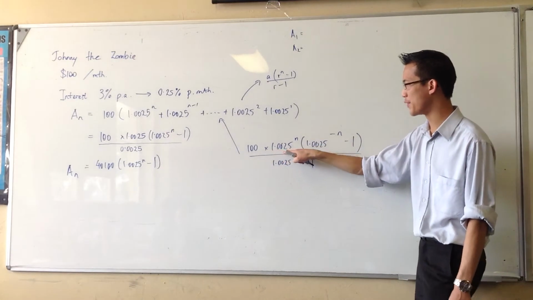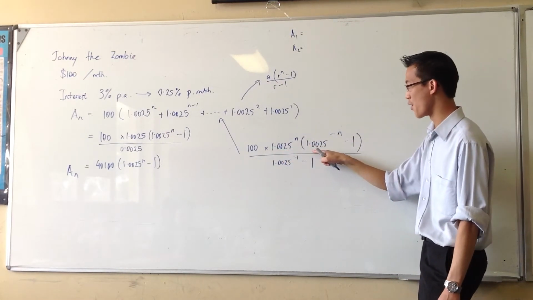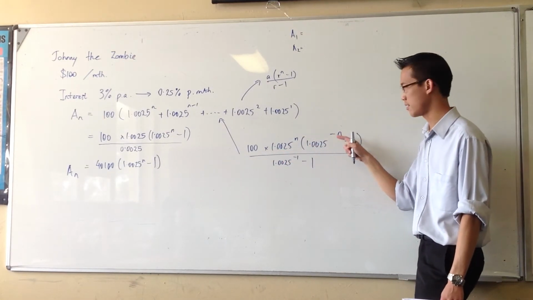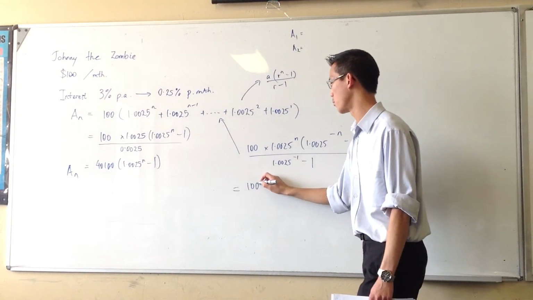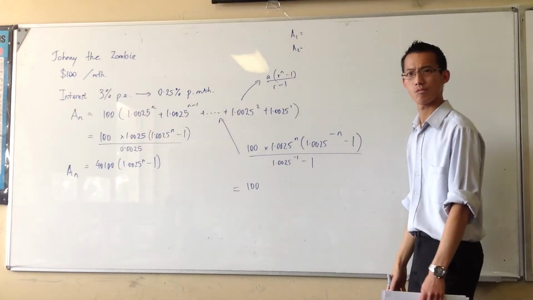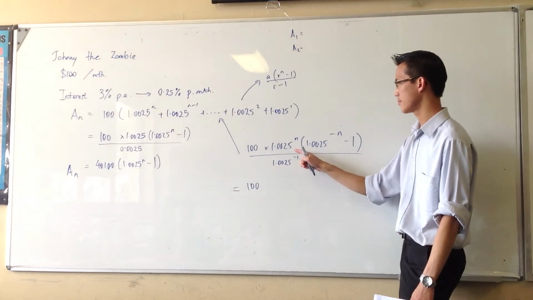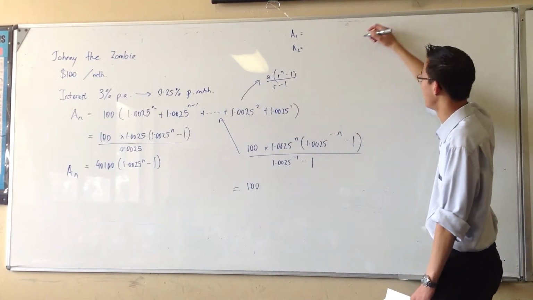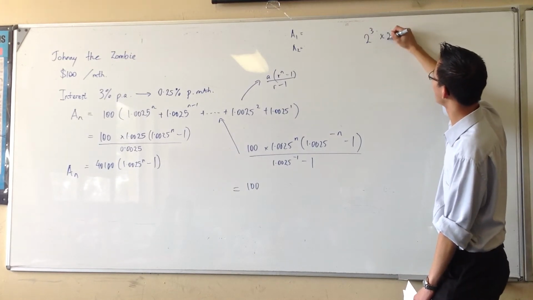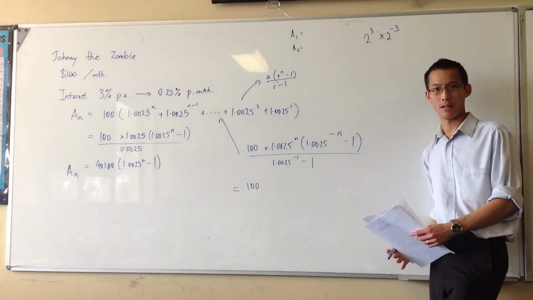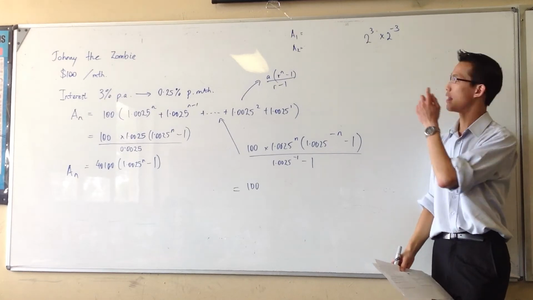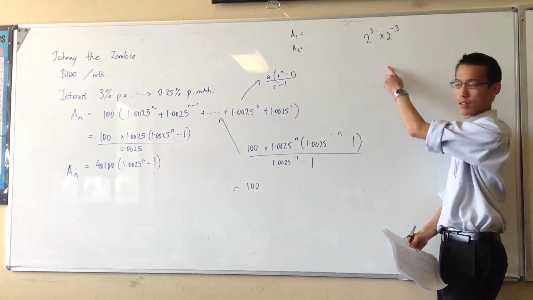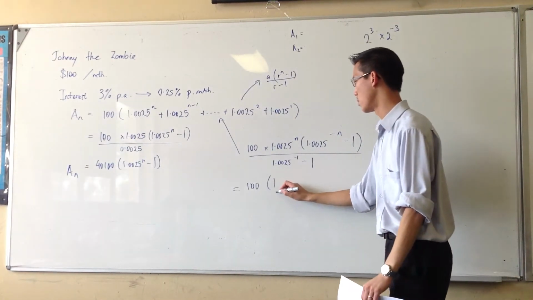This 1.0025 to the n, and this 1.0025 to the power of minus n, what would they become when I put them together? For instance, let's just take a value of n. If I said 2 cubed times 2 to the minus 3, what would that be equal to? Well, that would be 2 cubed divided by 2 cubed, right? So that part should be 1.